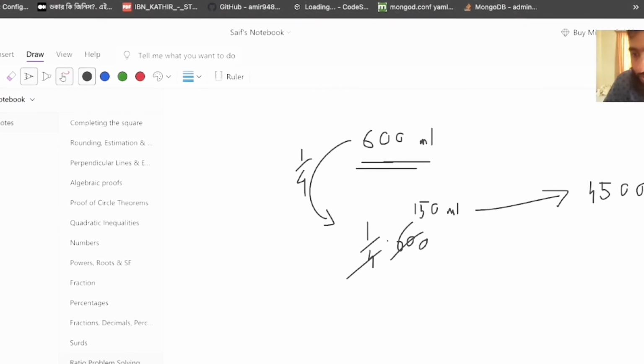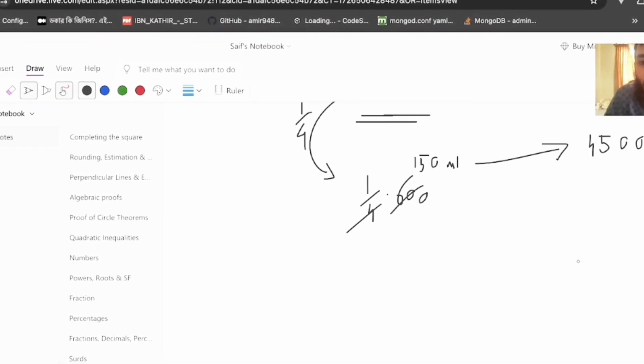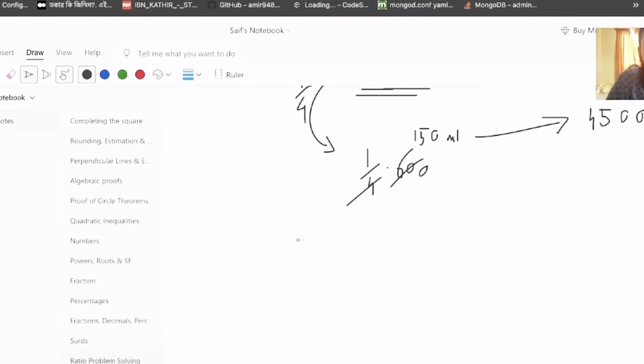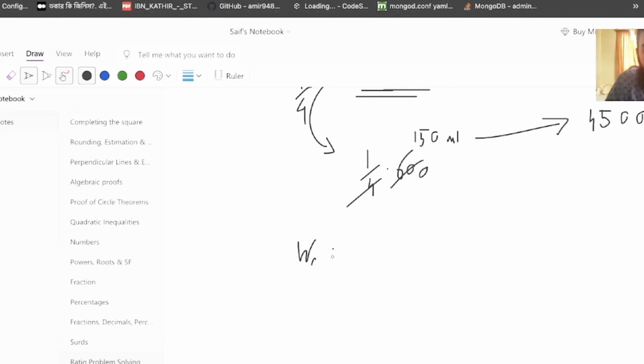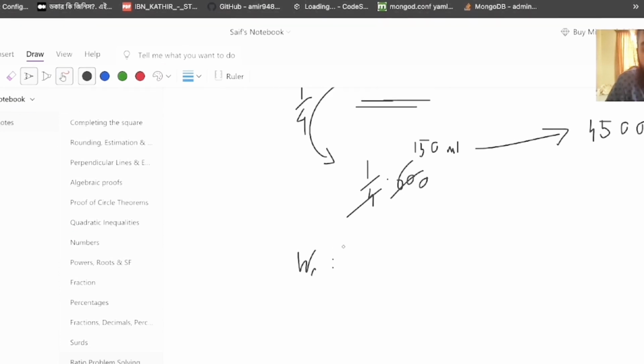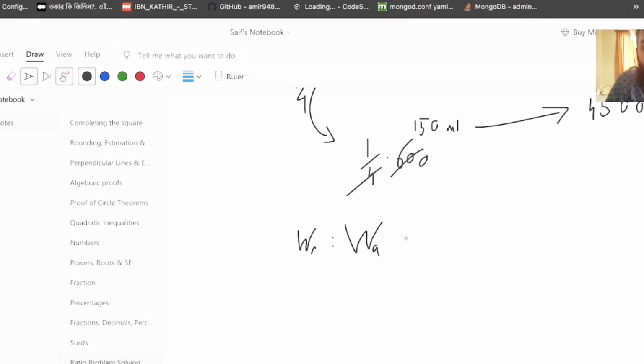So what is the ratio of wallpaper remover, let's say WR, to water, let's say WA? We can also write this as WR divided by WA, or wallpaper remover divided by water.